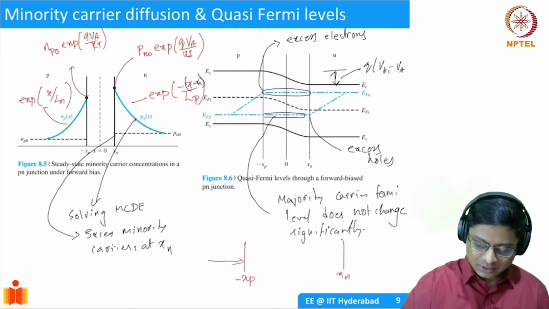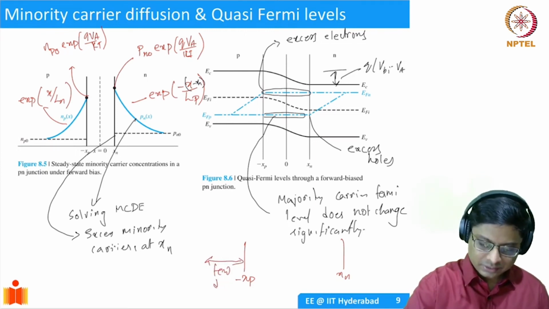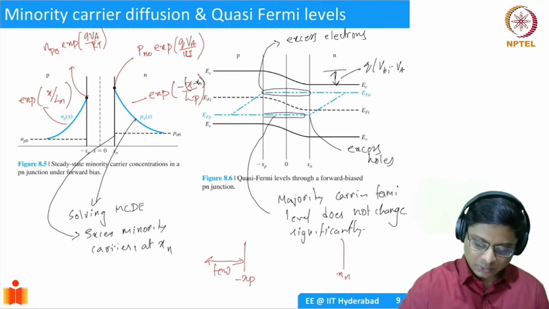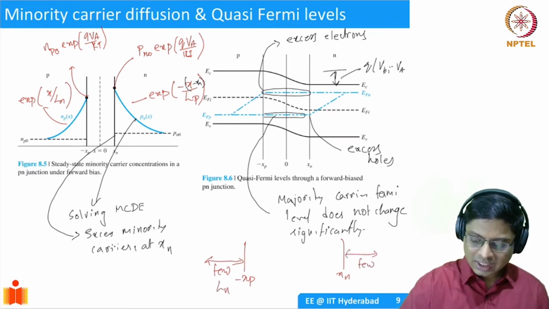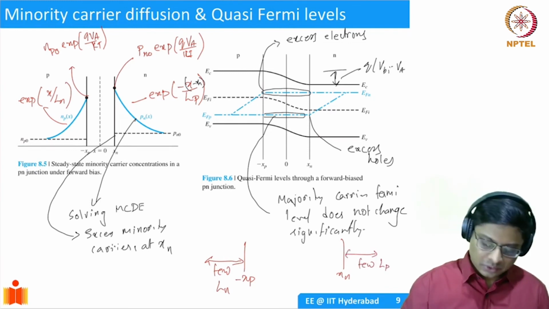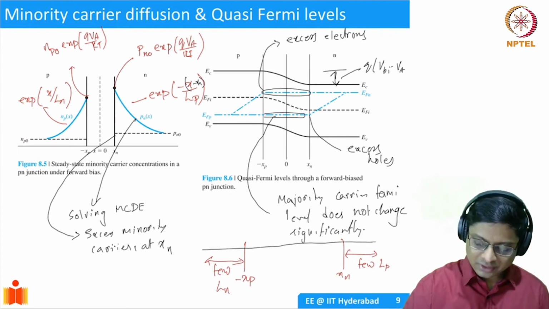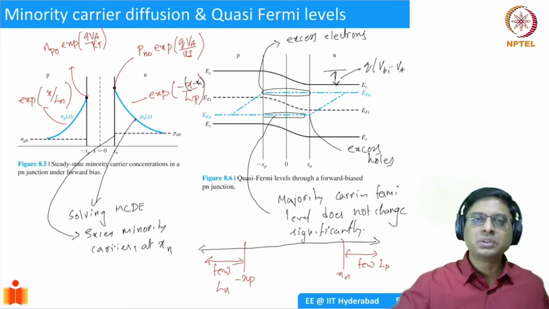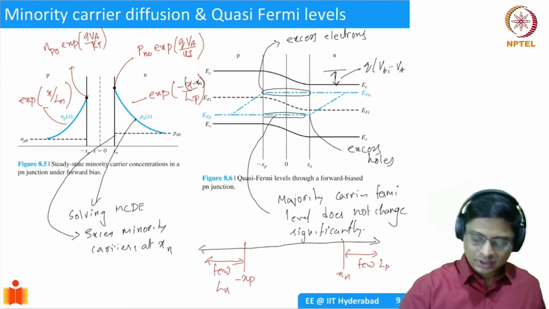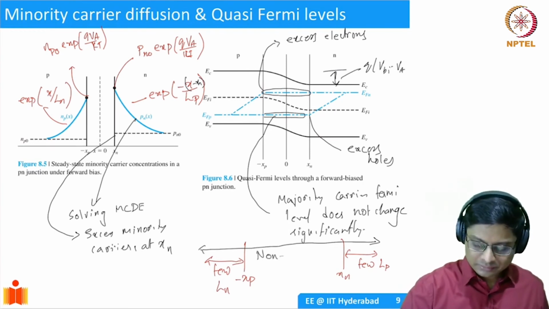Sorry, this is for p type, so a few Ln. Similarly, this is a few Lp. So for the entire region here, spanning the depletion region and a few diffusion lengths outside that as well, this is going to be non-equilibrium.